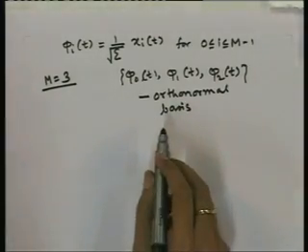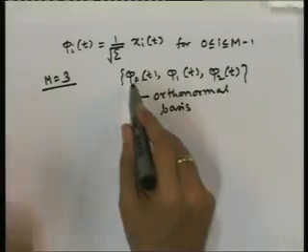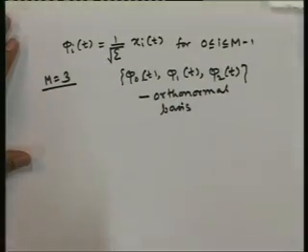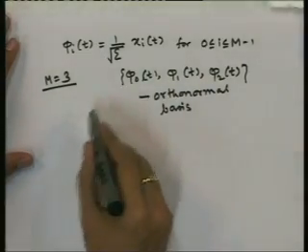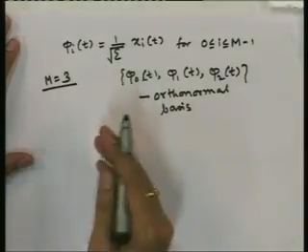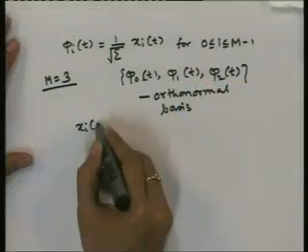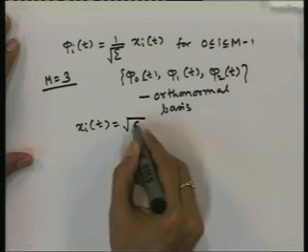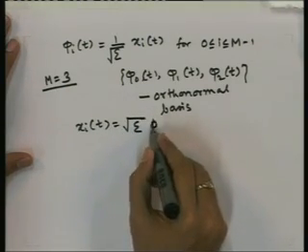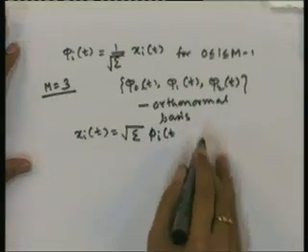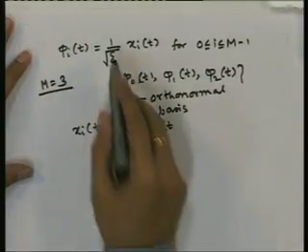And we will express the x_i(t)s in terms of this and then plot. So, x_i(t), in this case, because we are considering the orthogonal FSK signal set, will be nothing but root E times phi_i(t) from here.